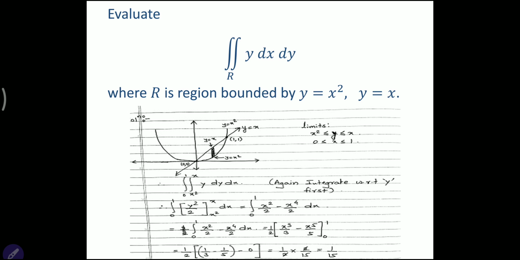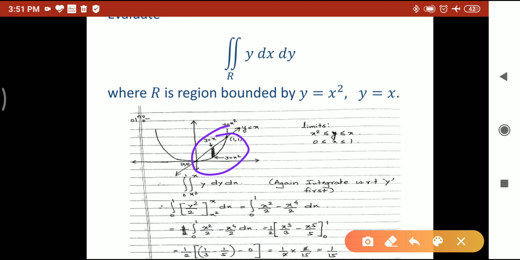Now here the limits are not provided, but the region is given. It is bounded by y equal to x square and y equal to x. Now y equal to x square is a parabola that is drawn over there, and y equal to x is a straight line passing through the origin. The intersection of these two is this region.